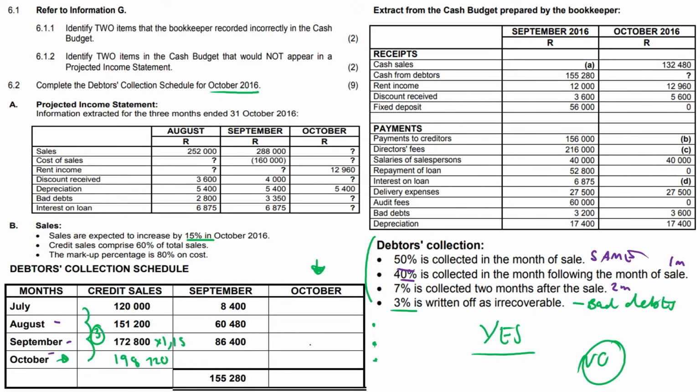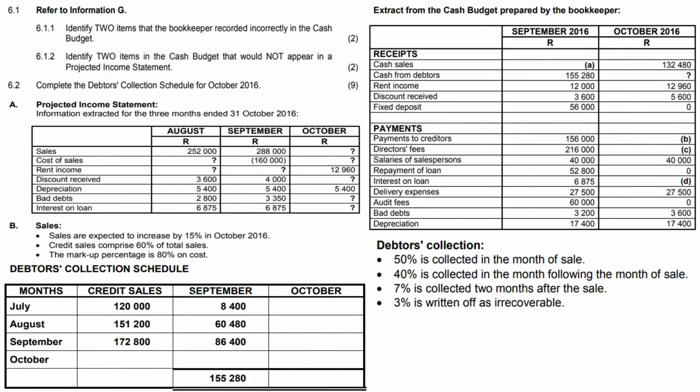Okay, so let's do some calculations here. Okay, just clean my screen one more time. So our credit sales amount, this 151,200, we're going to multiply it by 7%, and we get 10,584. This 172,800, we're going to multiply that by 40%, or 0.4. Remember, you can use decimals.